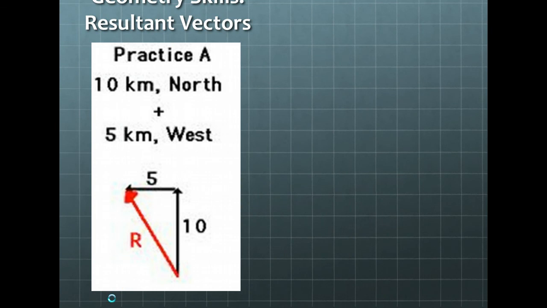So we're going to put our geometry skills to the test. Okay, so you have either had geometry or you're in geometry, for most of you. So let's see. Take a look at this little picture and see if you can figure out what geometry skill you think you should be using.